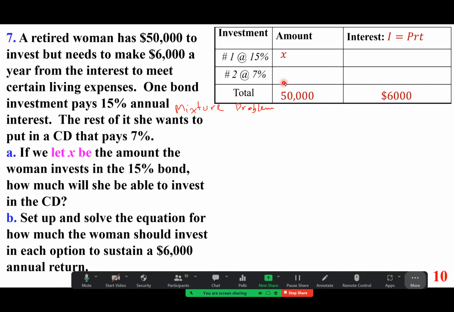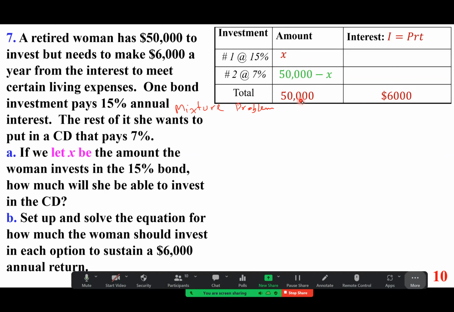So you could say Y and go with the system of equations, but without the system, this must be 50,000 minus X. Again, these two amounts must add up to 50,000. Sometimes students make a mistake of writing X minus 50,000. All you have to do is add these two, and you see X and minus X cancel each other, and we get 50,000. So make sure you put this right.